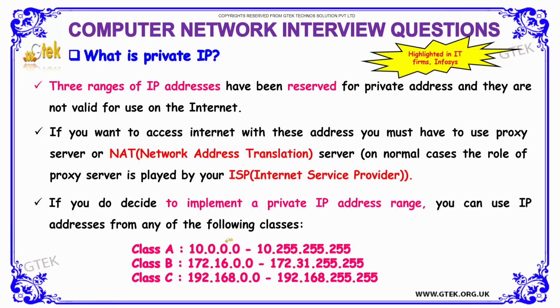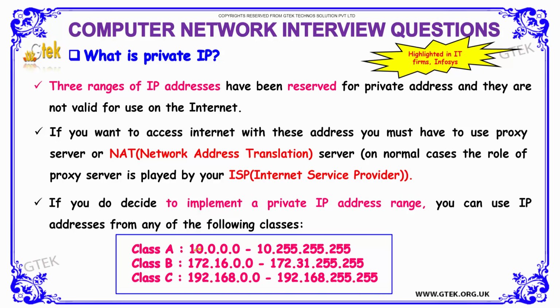If you decide to implement a private IP address range, then you can use the IP addresses from any of the following classes. There are 3 classes of them. Class A has 10.0.0.0, ranging up to 10.255.255.255, whereas your Class B has the range 172.16.0.0 up to 172.31.255.255.